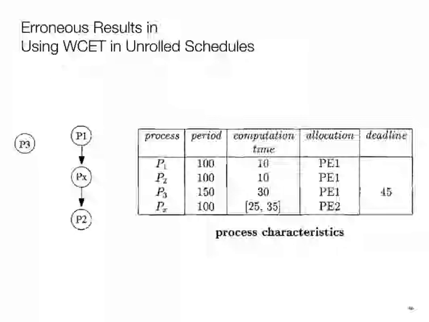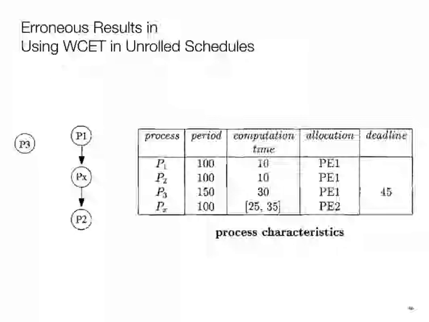Looking at processing element 1, there are three tasks, P1, P2, and P3, with periods of 100, 100, 150. Our prior theory suggests that P1 and P2 should be higher priority and P3 should be the lowest priority. Processing element 2 has a single task, so it doesn't really matter.